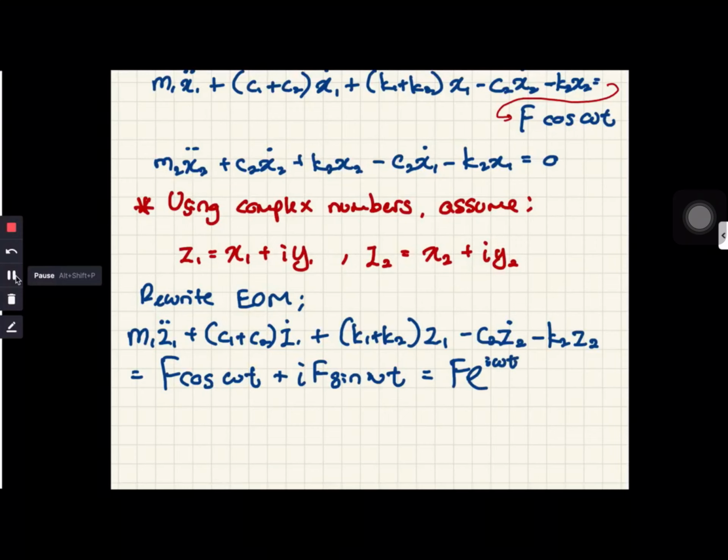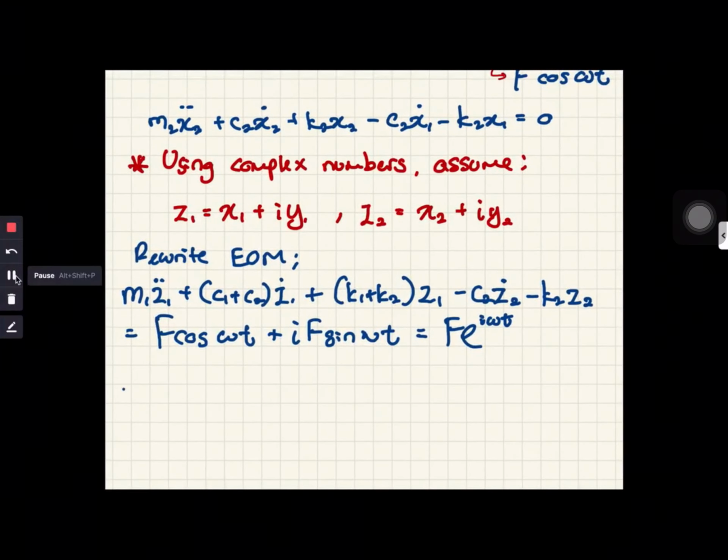As I mentioned before in the earlier class, we can represent the harmonic motion in terms of three functions. So this is the complex number. And the second equation of motion will have m2 z2 double dot plus c2 z2 dot plus k2 z2 minus c2 z1 dot minus k2 z1 is equal to 0.